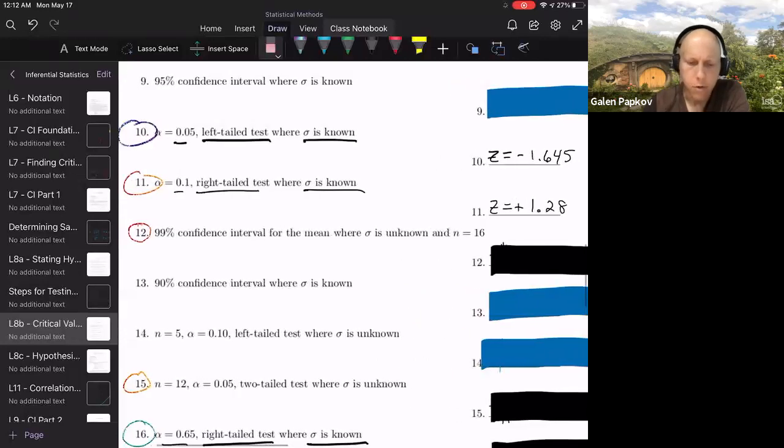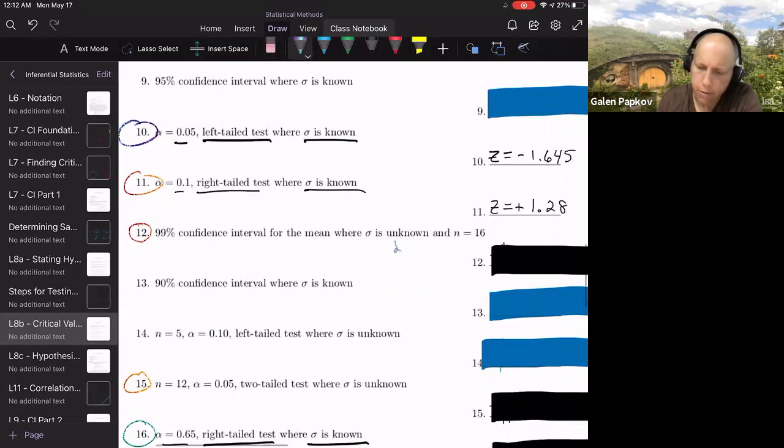For 12, we're doing a 99% confidence interval for the mean where sigma is unknown, n is 16. And so that tells you that your degrees of freedom is 15, and you're going to be using alpha over 2, which is cutting 0.01 in half. So that's going to be 0.005. So we're looking in the 0.005 column, 15 degrees of freedom row.